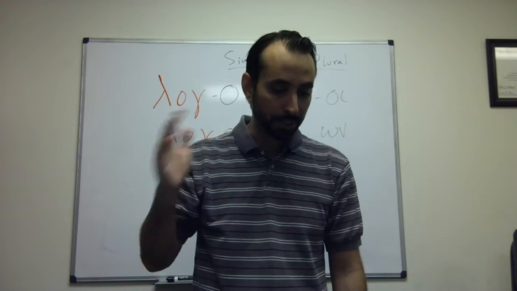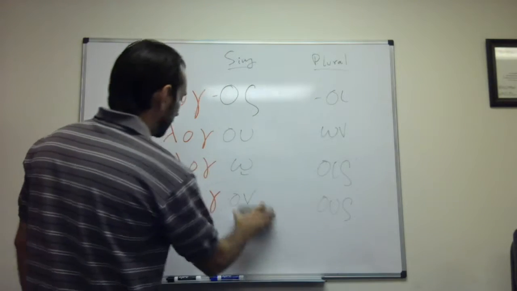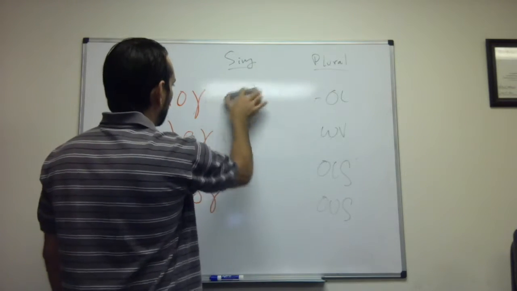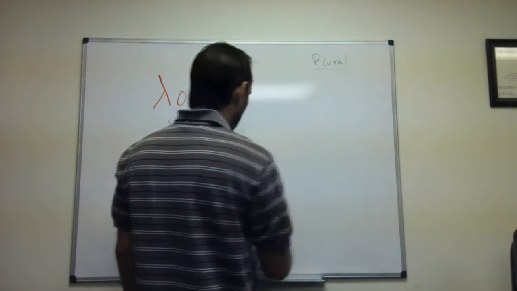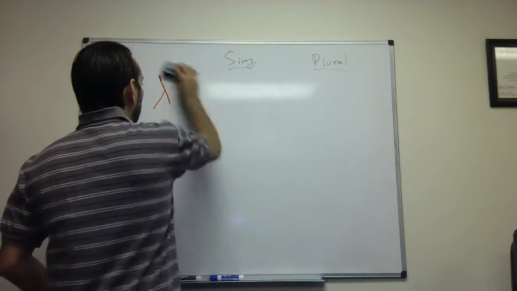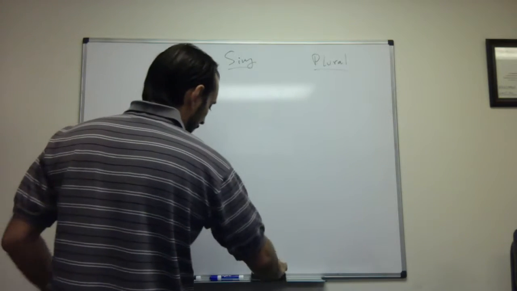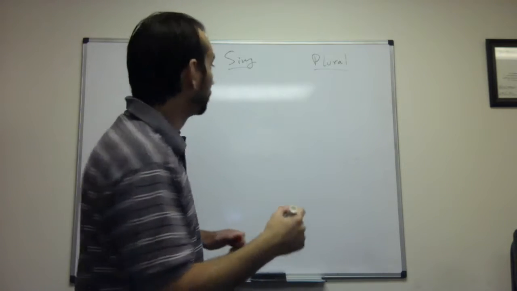Now, the second set of endings, which is on page 46, is the neuter set. Same concept. These are nouns that are neuter. They're not masculine or feminine. They're neuter, and they have their own set of endings.